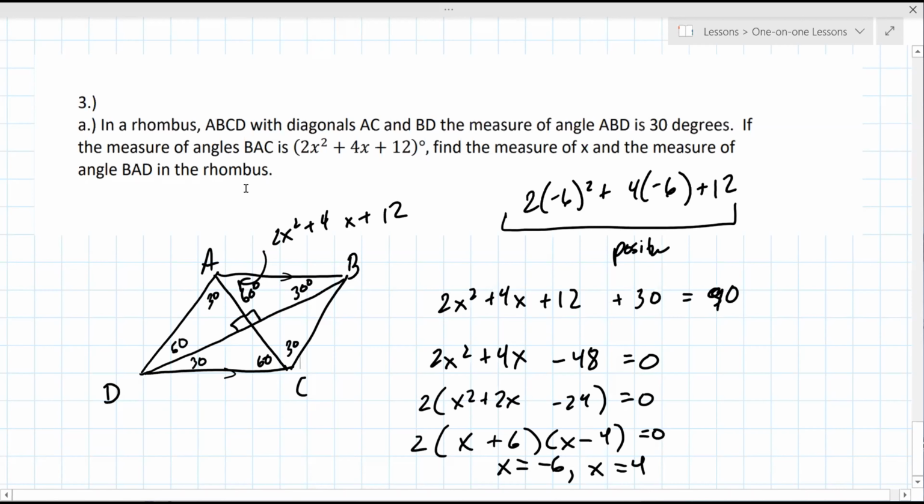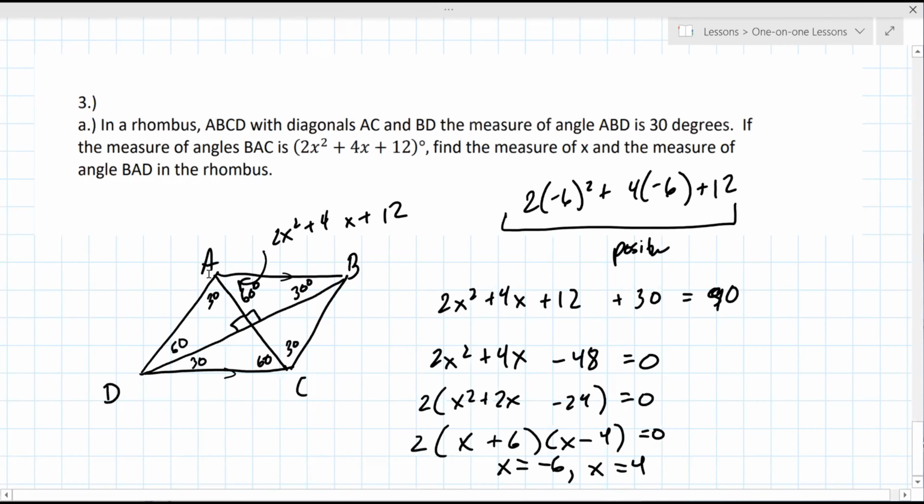All right, so the measure of angle BAD, there are a lot of ways to find it, but it ends up being these two angles added together, 30 and 60, which is 90. So this thing is actually, no, I guess it's a square.